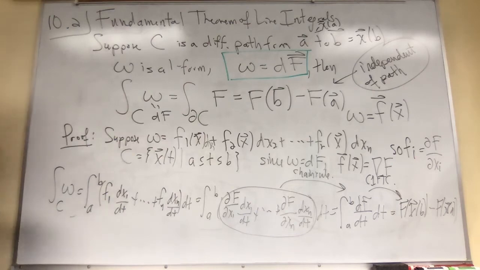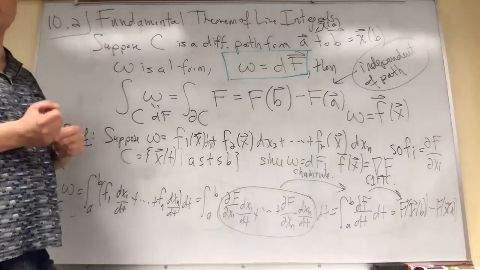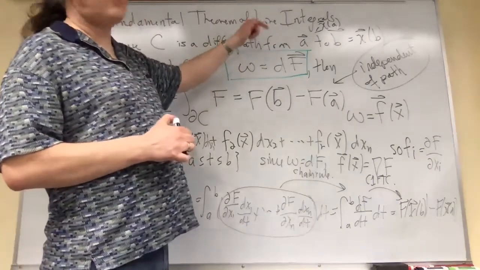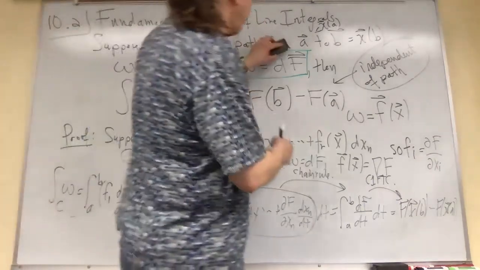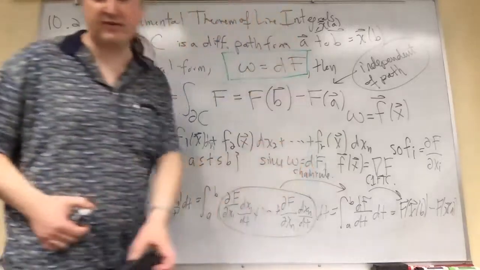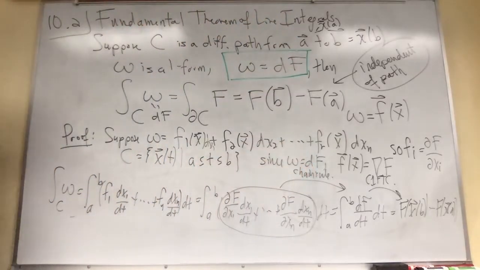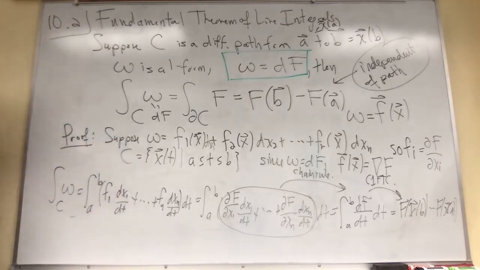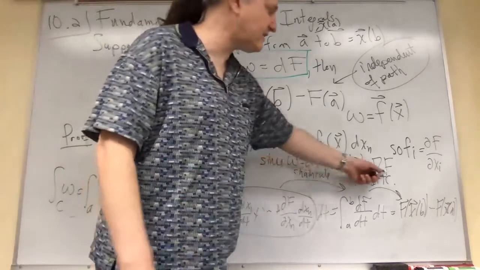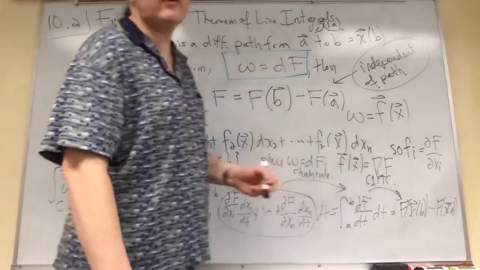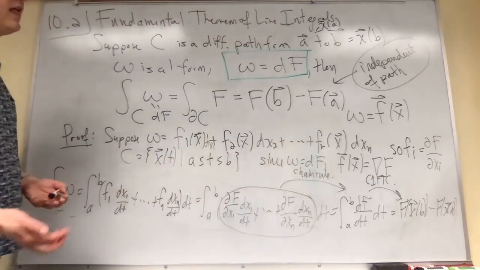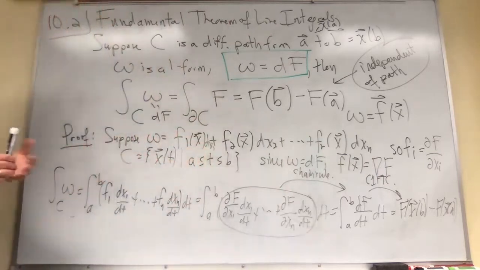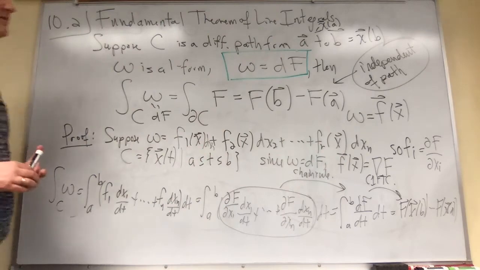I'll say that again. I'm not going to write it in words, but it's important. If the one form is the derivative of a function, by the way, no, it's not a vector function, silly cursor. If the one form is the derivative of a function, not a bad idea to think, if we're thinking in terms of a force field, if the force field is the gradient of a function, not a bad idea to think of it that way.